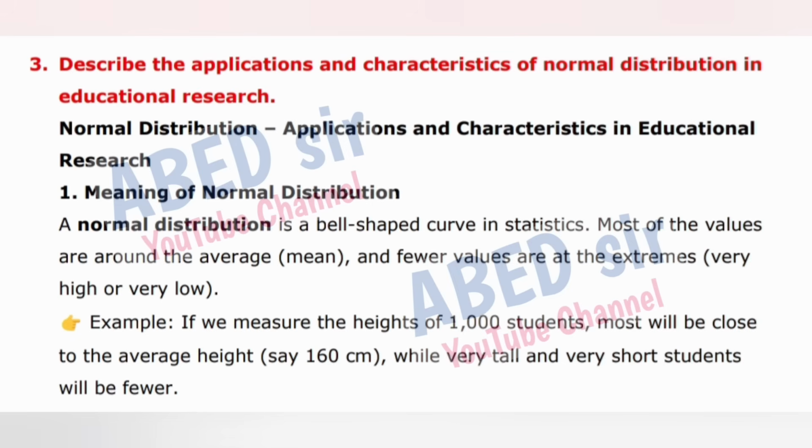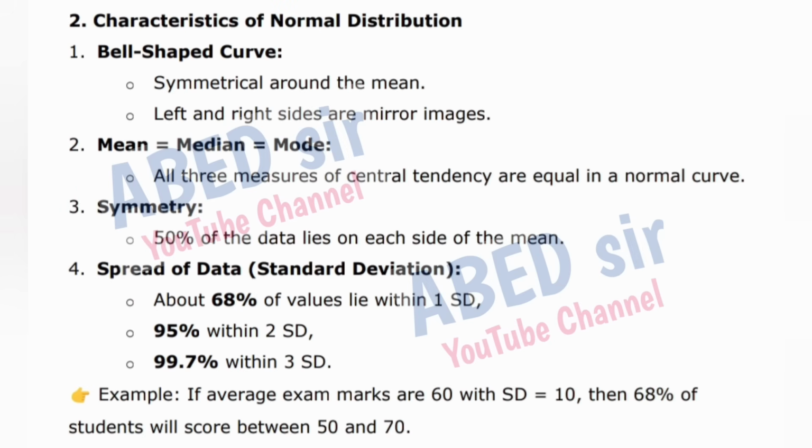Most of the values are around the average, mean, and fewer values are at the extremes, very high or very low. Example, if we measure the heights of 1000 students, most will be close to the average height, say 160 centimeters, while very tall and very short students will be fewer.